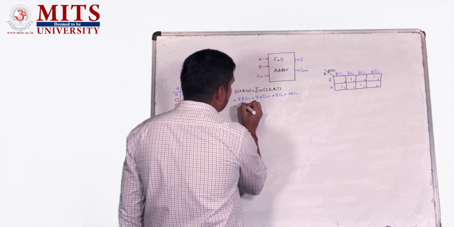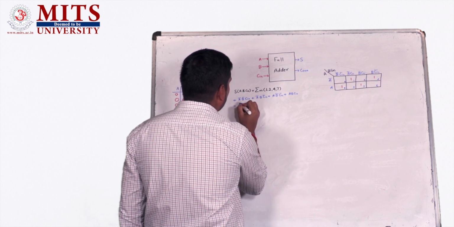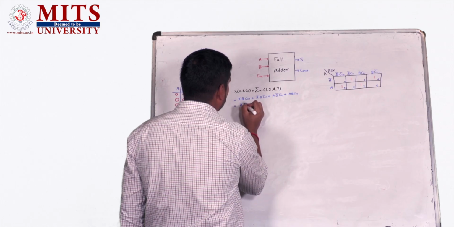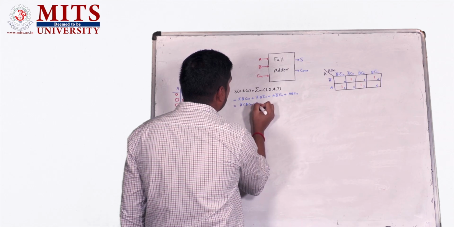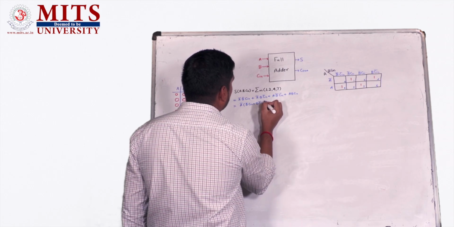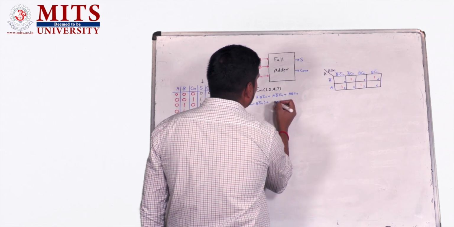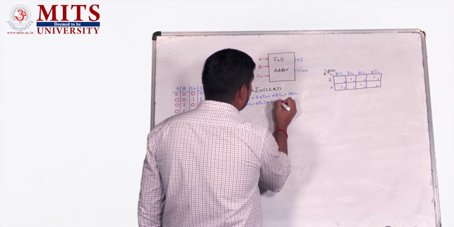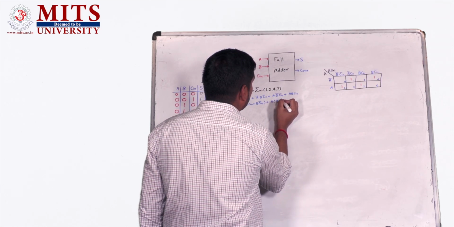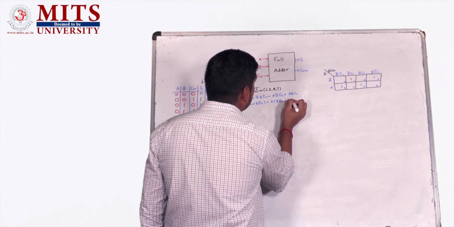So we can take A bar as common in the first two terms, and in bracket it will be B bar C in plus B C in bar, plus here we can take A as common, and in bracket it will be B bar C in bar plus B C in.